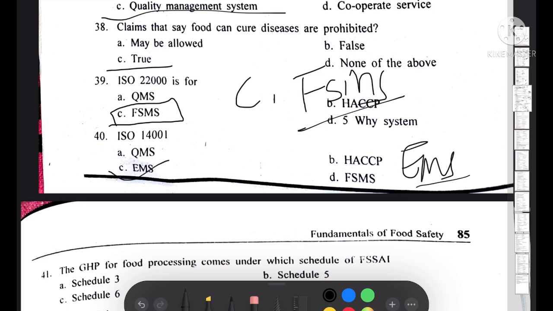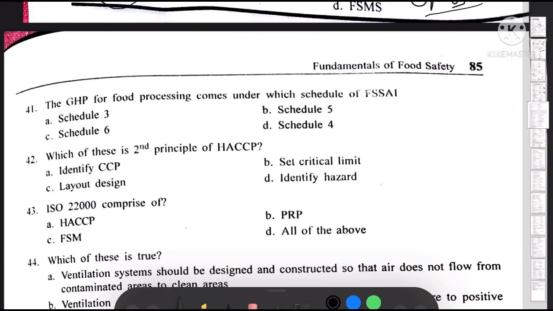The answer is EMS. It is the most widely used EMS in the world, with over 360,000 ISO 14001 certificates issued globally. It is the principal management system standard which specifies the requirements for the formulation and maintenance of an EMS.